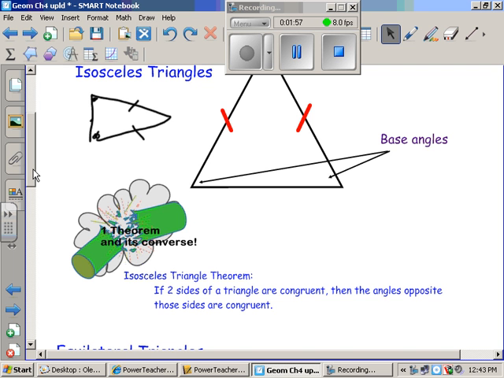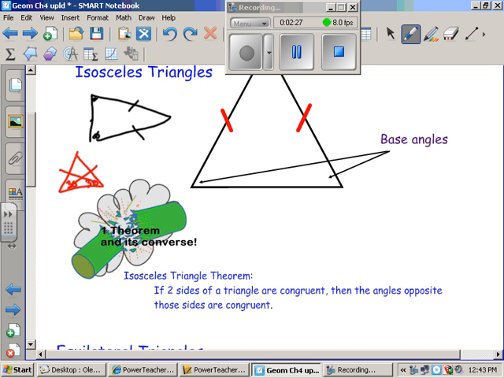Okay? So if I told you these were both 30 degrees, is that an isosceles triangle? Yes, because the converse of this theorem says if these two angles are equal, that makes the sides that are opposite them also equal.